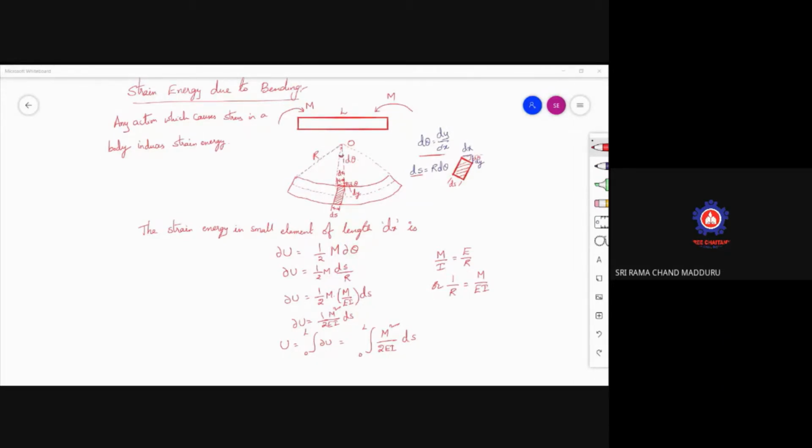So how to calculate the deflection at the point of application of single load? For example, a single load is applied. So what is the deflection at the point of application of single load? Just note down.